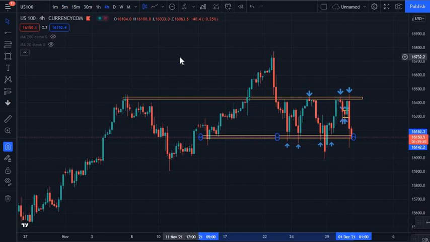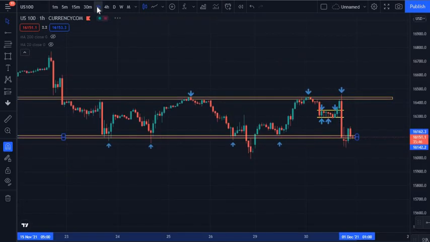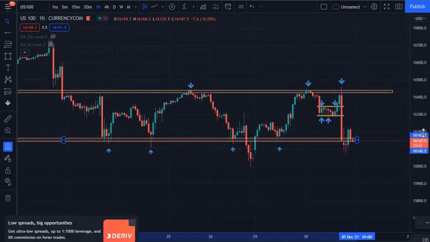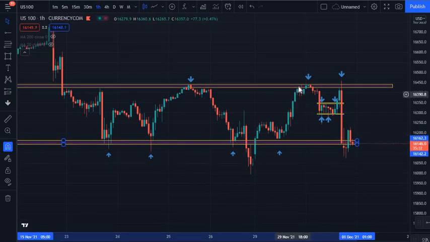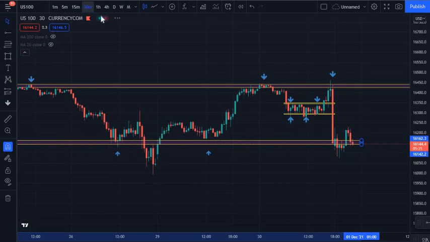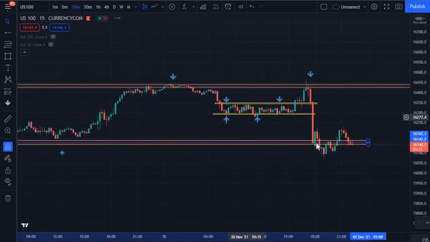So we scale down to the lower time frames to get an in-depth analysis of what is going on in the markets, because these moves are generally whole-day moves. They're very big moves, so we go into our lower time frame just to establish where price is going.